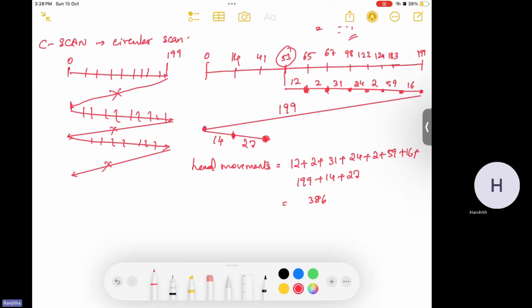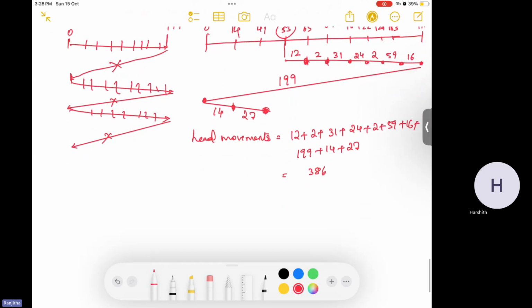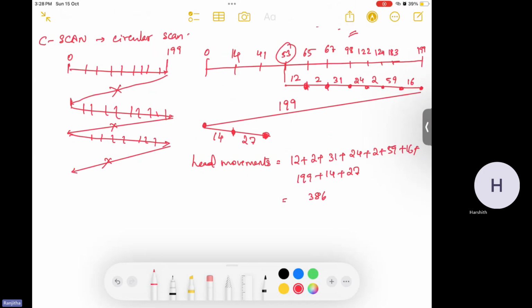Instead of doing all this difference, if we know that we are starting from 53 and the head moves all the way till 199, whatever requests come in the middle will get served, but the disk will go all the way till 199 because it needs to come back, since we have disks numbered 14 and 41 to be read.